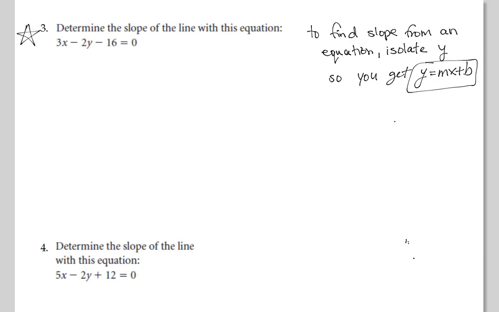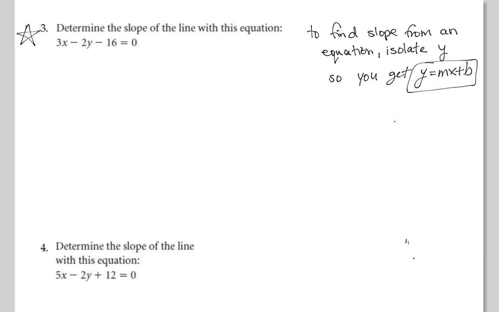So here's your choices. Take 3x and 16 to the other side, or just move the 2y. Which one's easier? Move one thing or move two things? The other thing is, if you leave the 2y on this side, what do you have to remember to leave? The negative. And then on the next step, you're going to have to divide by a negative. You're going to have to remember to switch sign.